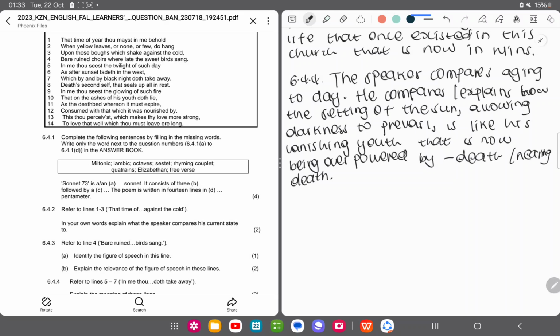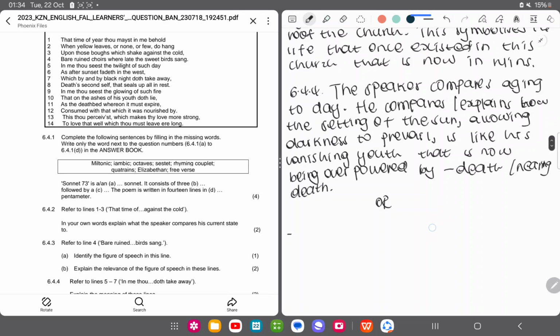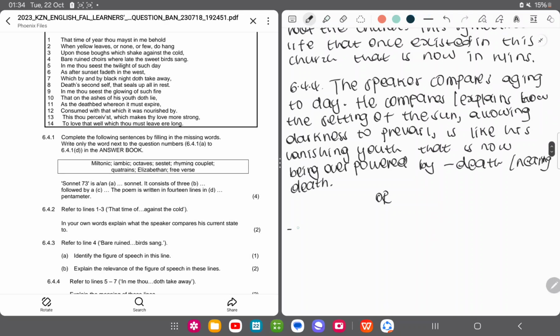Or if you maybe have a different version of the answer, you can say that the speed with which the end is now coming. When we say the end, we are referring to death, right?